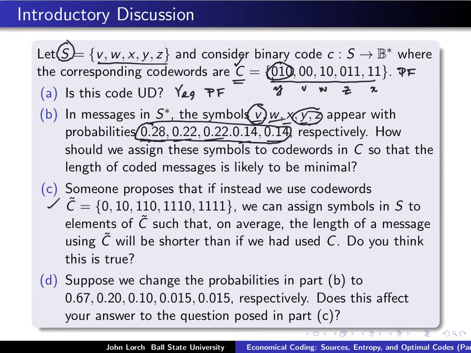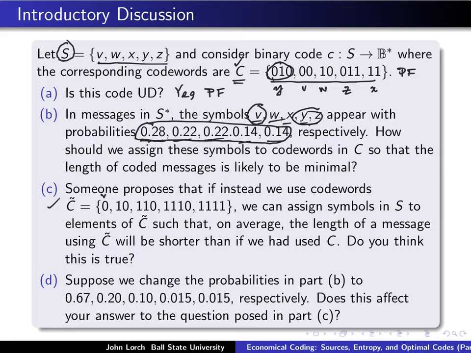Now, C tilde also is a uniquely decodable code. It's a prefix-free code. It's got 5 code words in it, so we could use code C tilde to encode all of the letters in S. And then the question is, how would we assign these letters? Well, again, the most commonly occurring letter, which is V, appearing with probability 0.28, would be assigned the shortest code word.